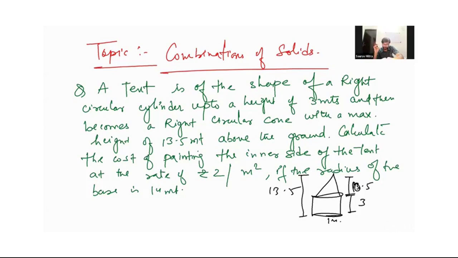So you have to find the inner cost. First we will find the curved surface area of the cylinder, because we have to paint the inner side of the tent. So here 2 pi RH will come, and for the cone, pi RL. First 2 pi RH, the curved surface area of the cylindrical part, the base part.